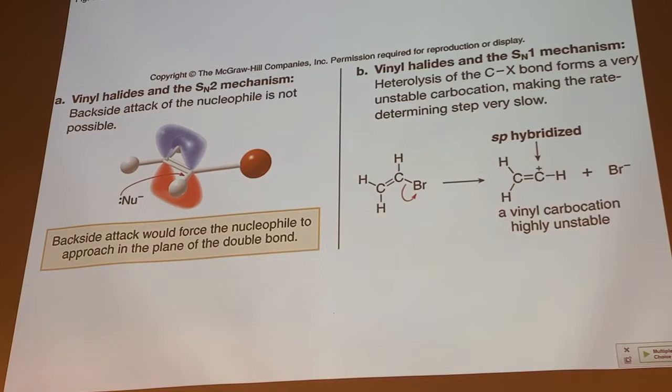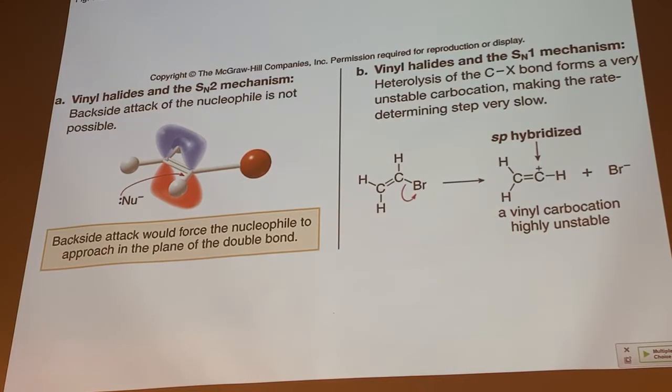Question? So in a tetrahedral carbon, those groups are not in the same plane as the nucleophile when it comes in. But in a trigonal planar carbon, for this to come in at the back side of that group, it has to be in the same plane of all other groups that are attached to that sp2 carbon. And that just doesn't work.